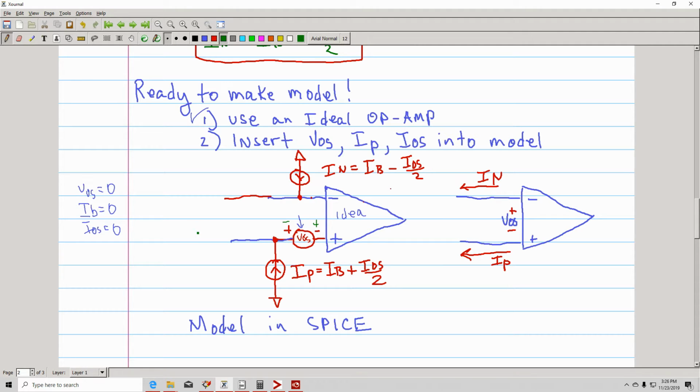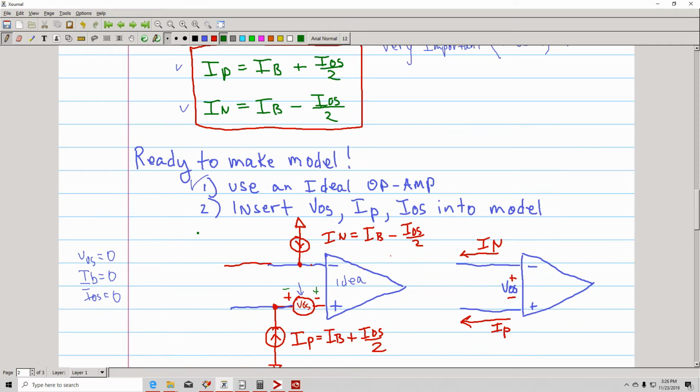Now to model the IN, which is shown here, this is going to be a current source. Okay, and this is the current source. So we draw a current source going into the node, and then the other end is connected to ground.